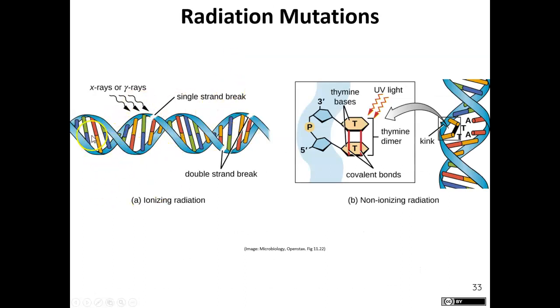So this is your ionizing radiation, like X radiation or gamma radiation, causing breaks here, here, and that can break the entire DNA strand up. And then this is what a thymine dimer looks like. You have that thymine dimer between two nucleotides, two thymines on the same strand of the DNA.